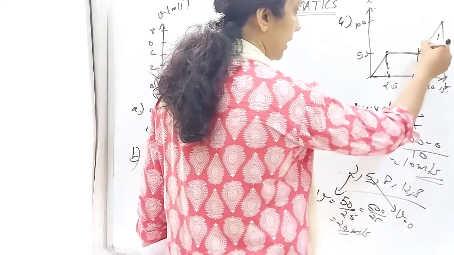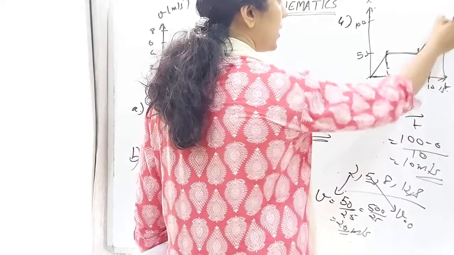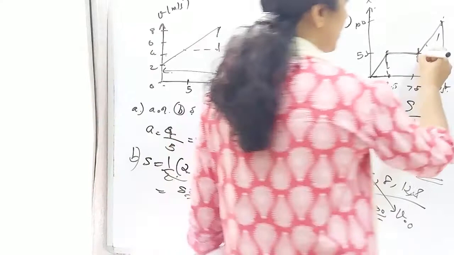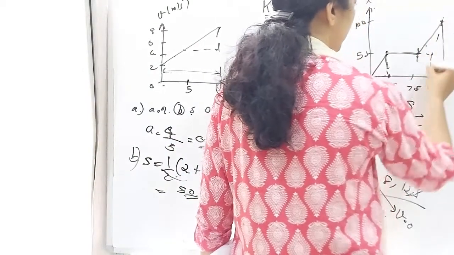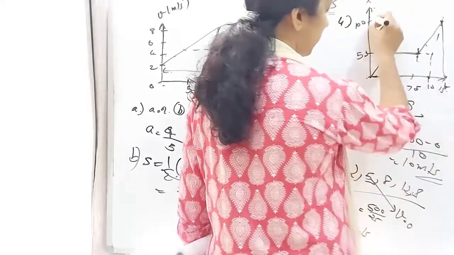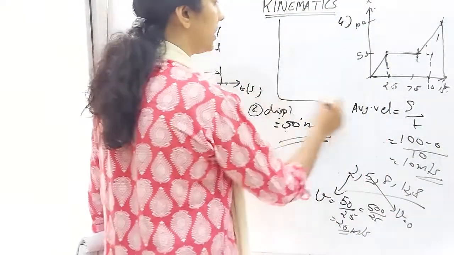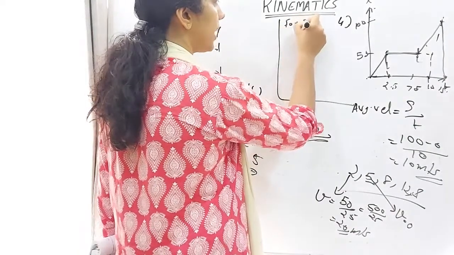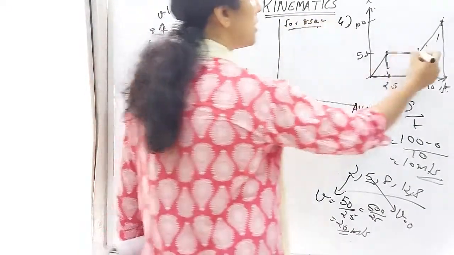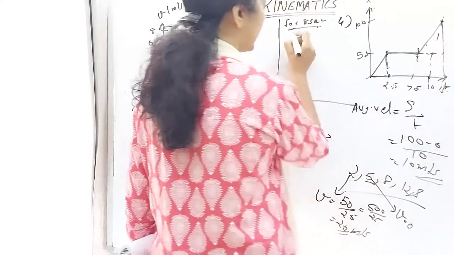At 8 second means it will be coming between 7.5 and 10. So it is under uniform velocity. Since it is under uniform motion, you can find out the slope of the graph. Here the slope will be 50 to 100. For 8 seconds, how can we find out the slope? Y-axis divided by x-axis.